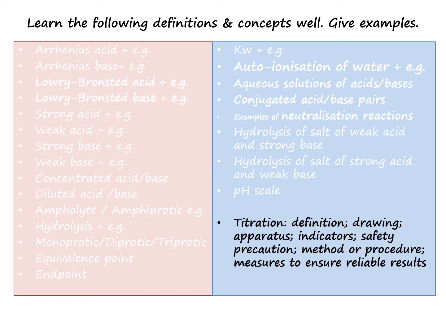It is also important that you must be able to draw the setup, draw the apparatus, show the indicators, know about safety precautions, exactly how to execute the procedure, so the method of the procedure, and what measures you will take to ensure reliable results.